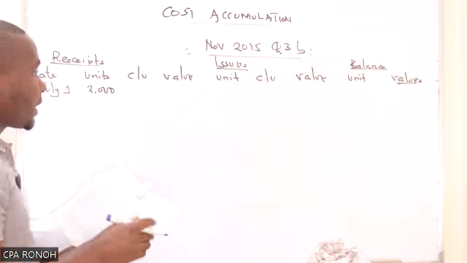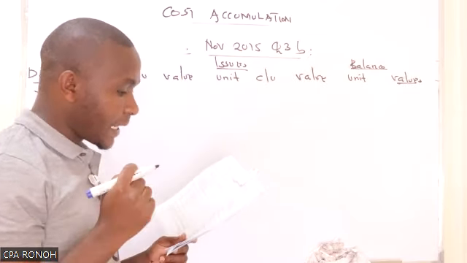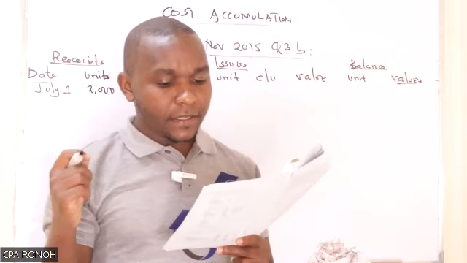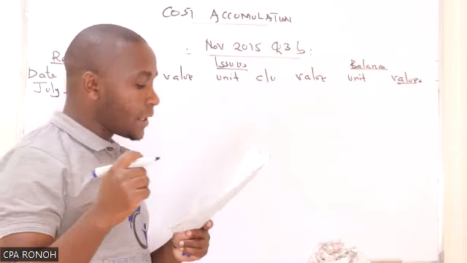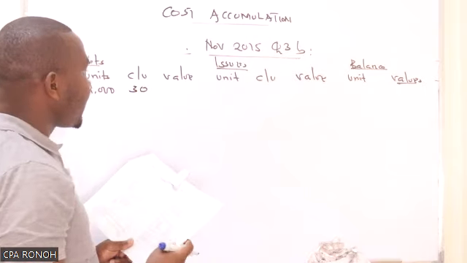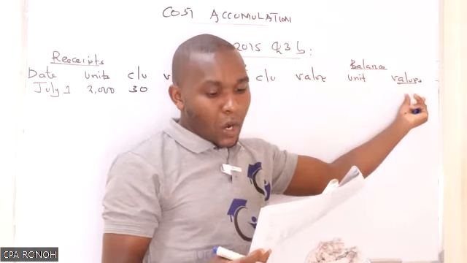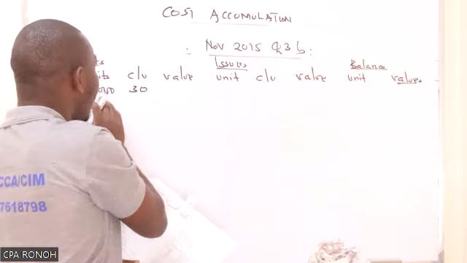Looking at note number 1, material in store as at 30th June 2015 was 2,000 units at a unit cost of 50. That is the opening balance.